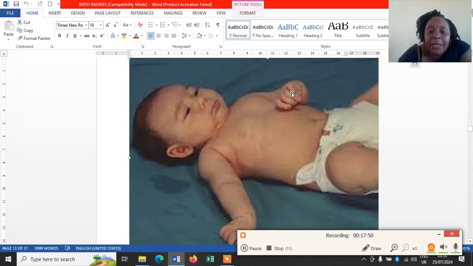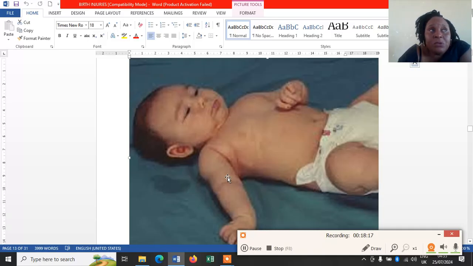They are not like these ones. This partial closure of the fingers gives it the name waiter's tip, because the fingers are partially closed and the wrist is pronated. And this hand is extended instead of being flexed. Otherwise, this hand should be here, but the hand is extended.